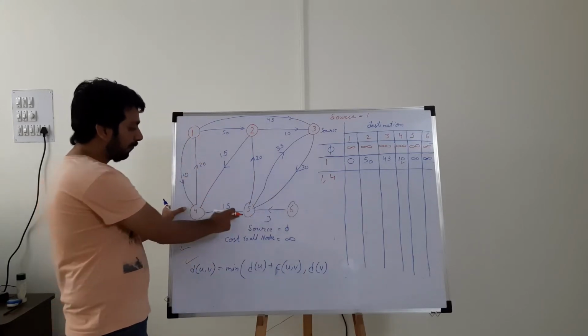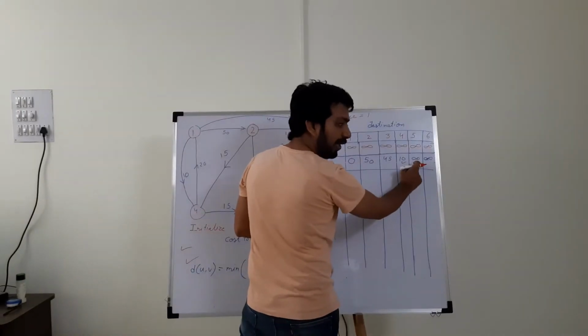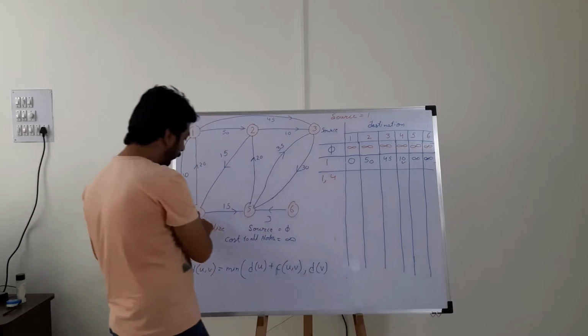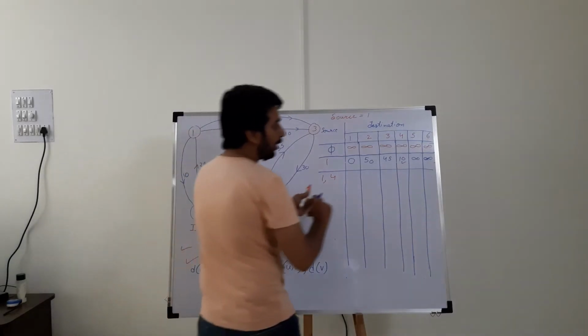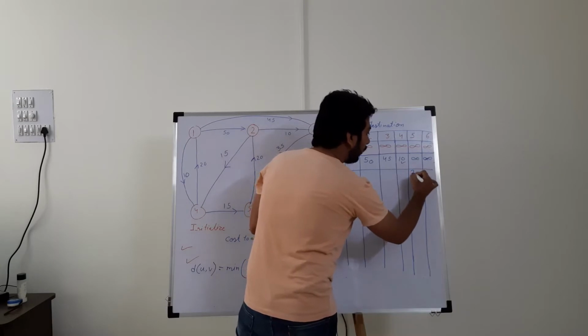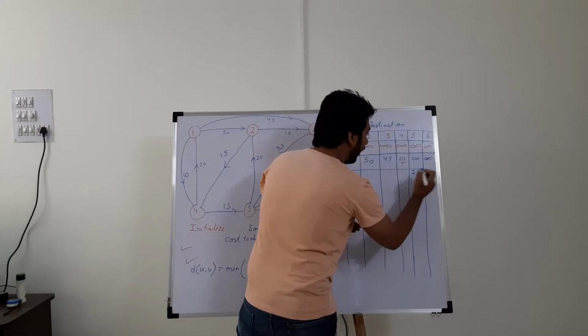So from 4, 5 is connected. Earlier cost of 5 is infinite. Now cost of 4 to 5 is 15 and cost up to 4 is 10. So cost up to 5 is 25. Remaining would be infinite.